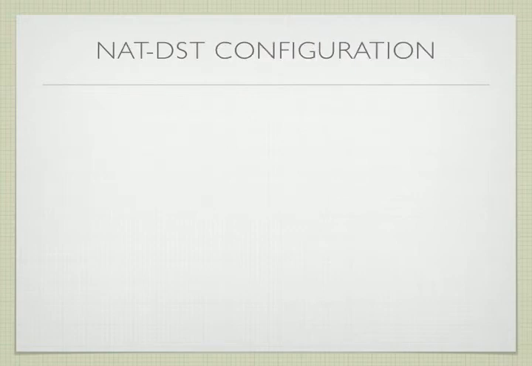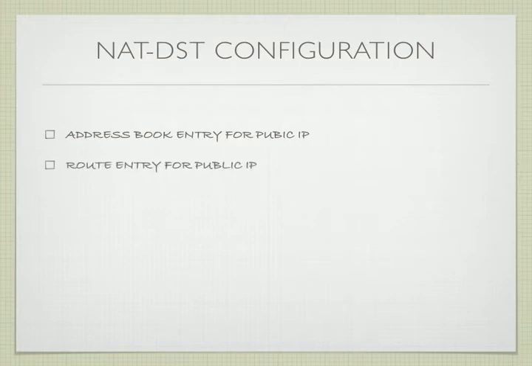Okay, how do we configure destination NAT policies, NAT-dst? You're going to create the address book entry for the public IP address. You're going to create the route entry for the public IP address. You're going to configure the proxy ARP settings on the public interface so that that IP address will be responded to.